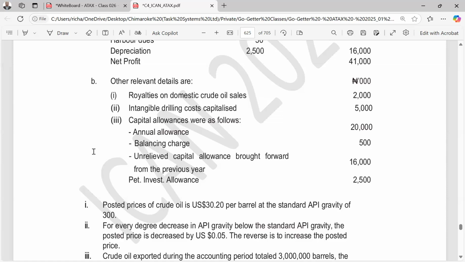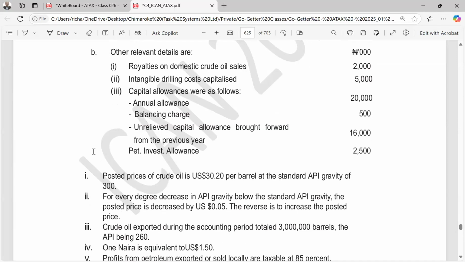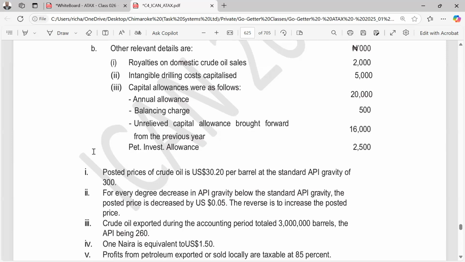So if they have given you the price per barrel, it means they will give you the number of barrels that was sold. Then, if they have given you the standard API gravity, this API gravity depends on the sulfur content of the oil. Now, this is 300.